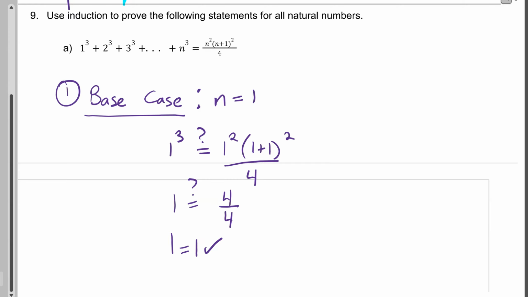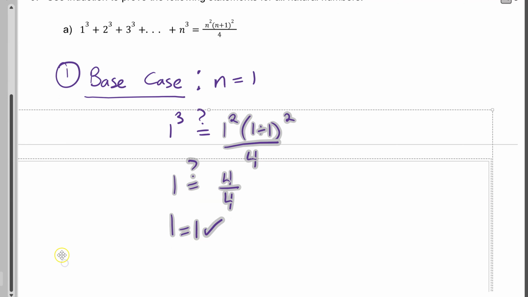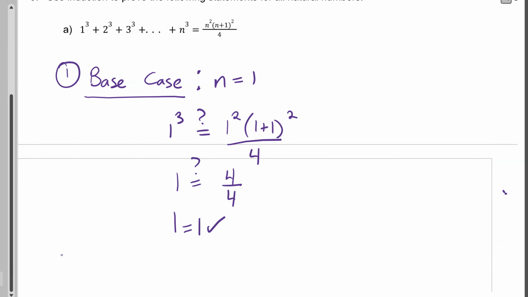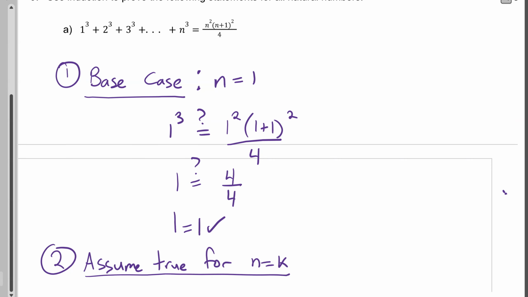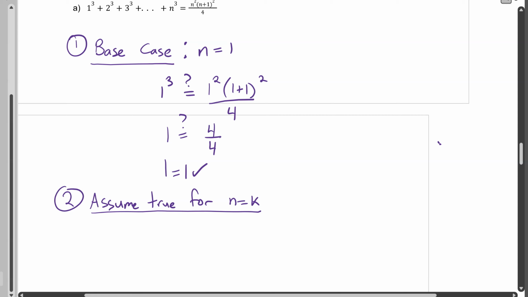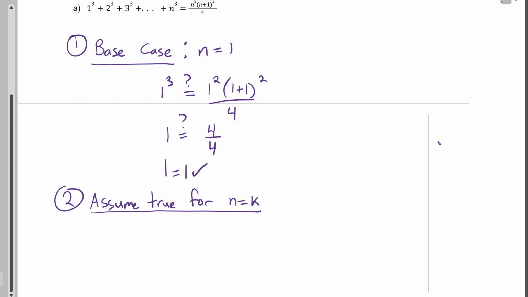Now, my second step is my induction hypothesis, right? I want to assume that it's true for n equals k. What that means is that I'm going to assume that there's some arbitrary natural number that this works for, and I'm going to use that as a springboard to prove that it works for the next case right afterwards.